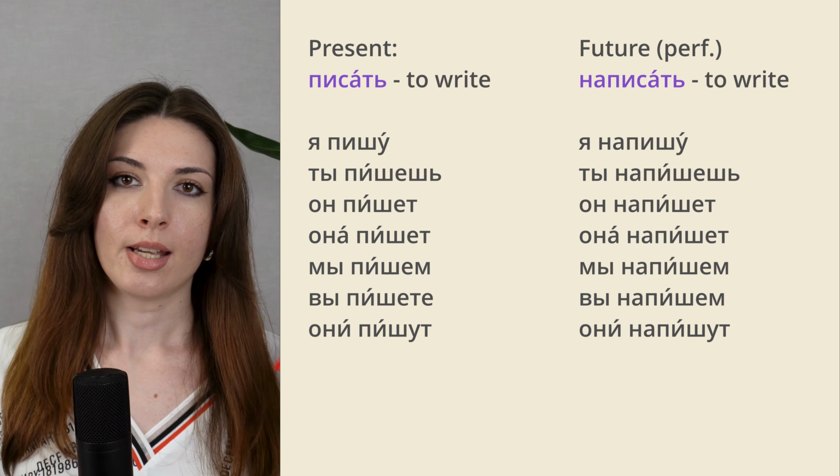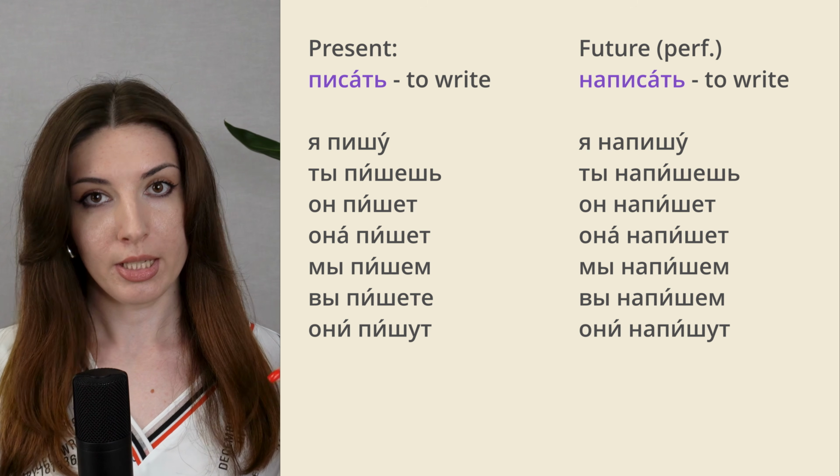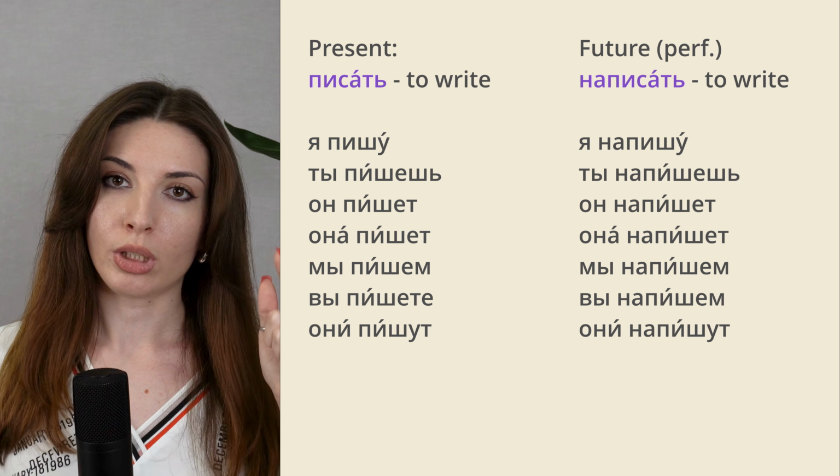So be careful here, and obviously, same as in present, where we have a lot of exceptions, here we have the same. Good news that the words that are exceptions in the present tense, here they will have the same forms, like the word писать. Писать is exception in the present tense. Я пишу, ты пишешь.